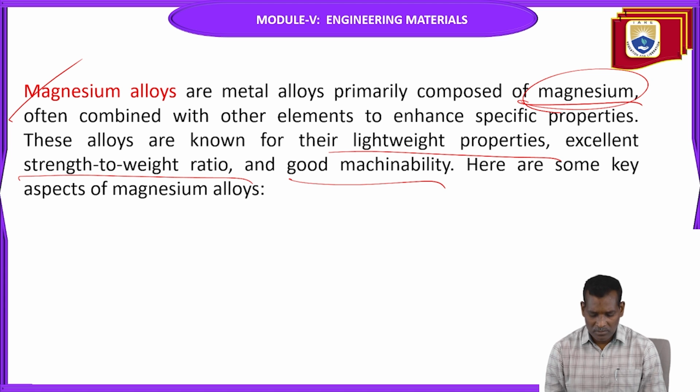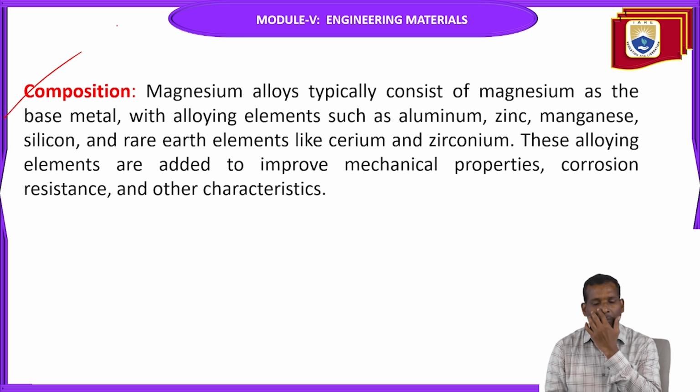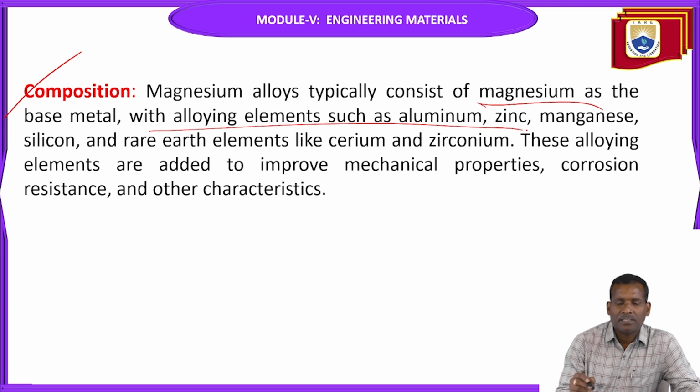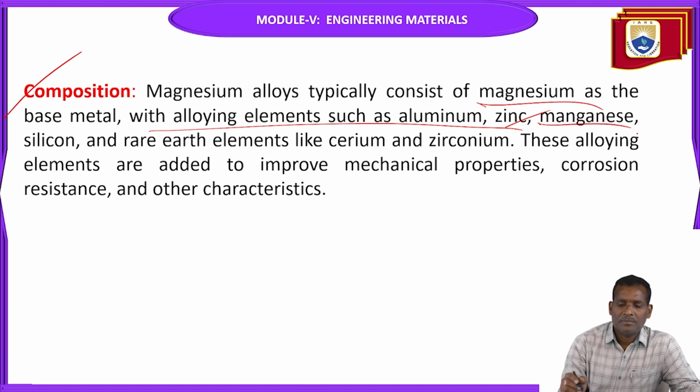Here are shown some aspects of magnesium alloys. The composition consists of magnesium as the base metal with alloying elements such as aluminum, zinc, manganese, silicon, and rare earth elements like cerium and zirconium.